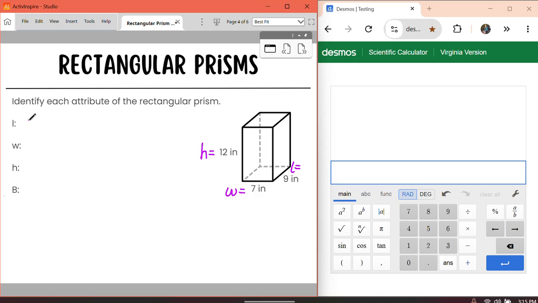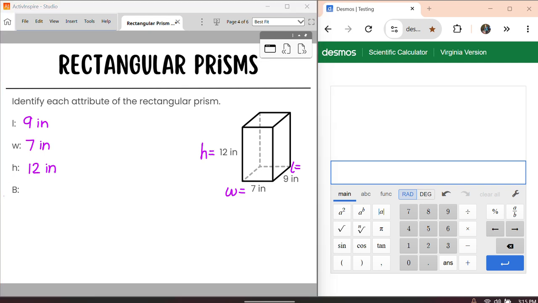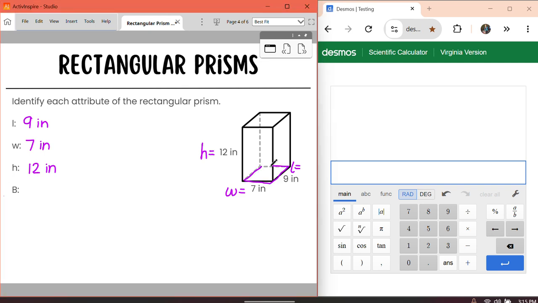So I'm going to say that the length is 9 inches, the width is 7 inches, the height is 12 inches. And again, you can mix those up if you want to, because if I knock the box over, the height is going to suddenly change. Okay. Now, the area of the base is this part down here.